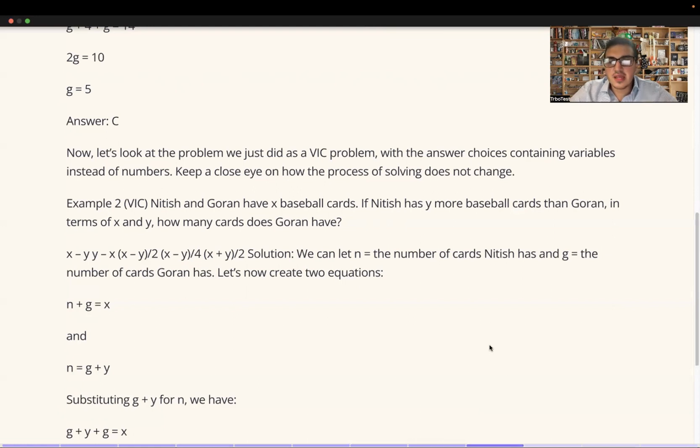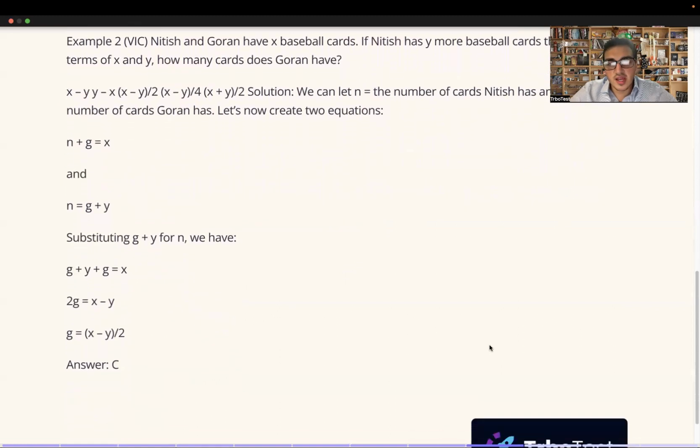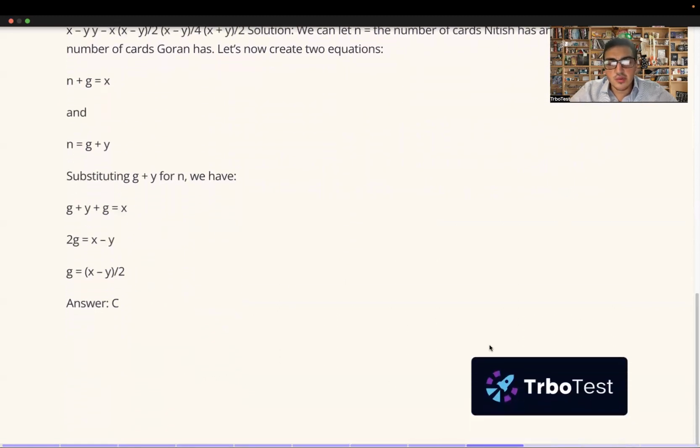We can let n equal the number of cards Nitish has and g equal the number of cards that Gordon has. Now let's create two equations: n + g = x and n = g + y. Substituting g + y in for n, we have g + y + g = x, or g = (x + y)/2.